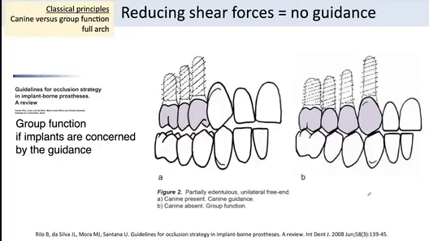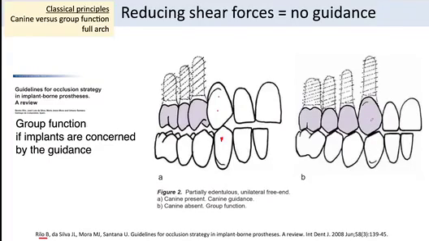Classical principle. It was illustrated in the paper from Rillo. If you have a natural canine here, you can have a canine function and no participation in the movement of the implant system. That is the first rule.